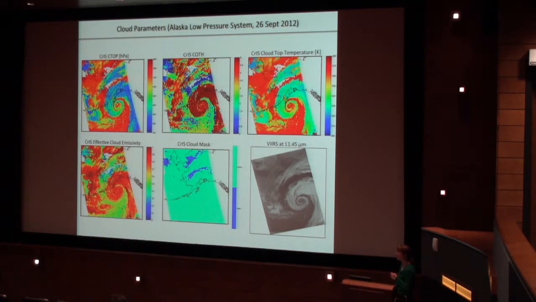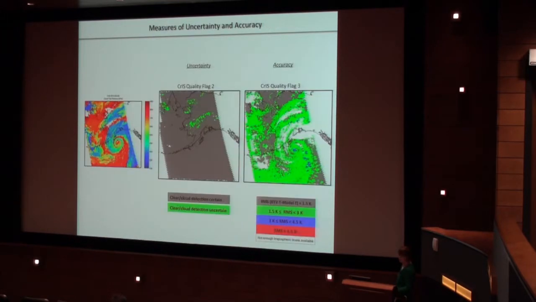That's why we believe that if we add hyperspectral sounder retrieval products to imager products and data, we have the potential to improve, for example, forecasting capabilities. We also provide a measure of uncertainty and accuracy for our retrievals.